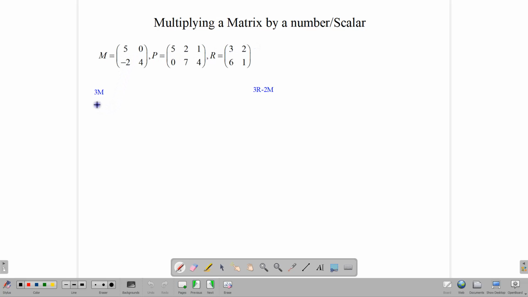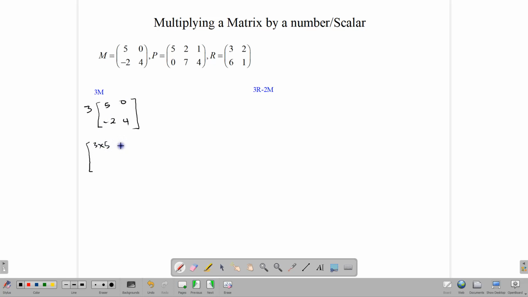So let's say 3m would be 3 times the matrix M, and M is 5, 0, negative 2, 4. We multiply that by 3, then 3 times 5. Just as though you were using the distributive law, the 3 will be distributed across each element in the matrix. So it's 3 times 5, just writing it out.